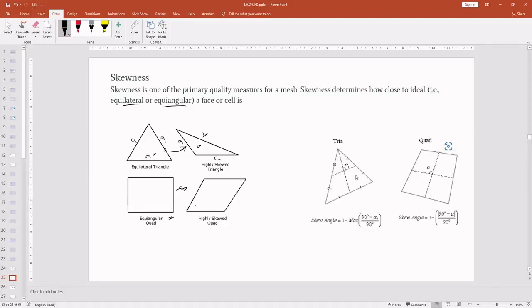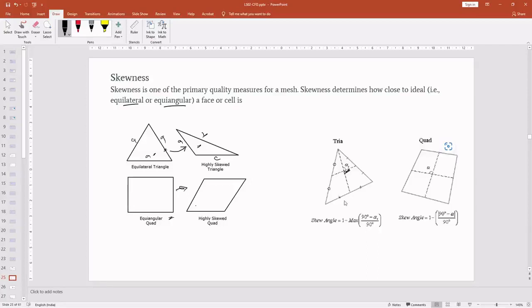So a comparatively easy method, rather than comparing the sides with the regular equilaterals, is to check the equiangular comparison. So the skewness angle can be defined as 1 minus the maximum of (90 minus alpha_i) by 90 degrees.